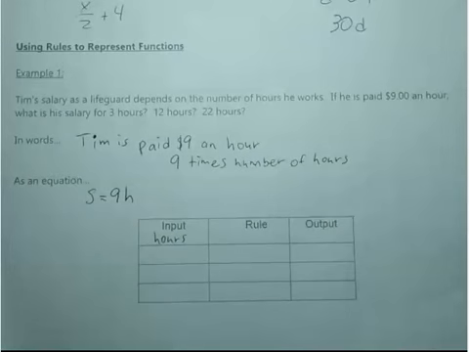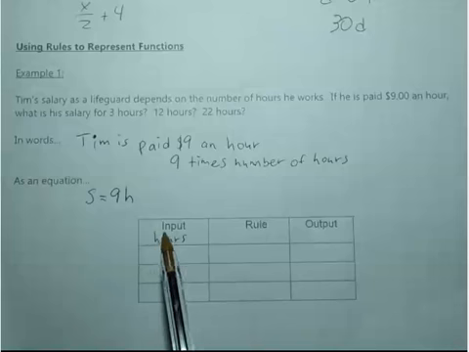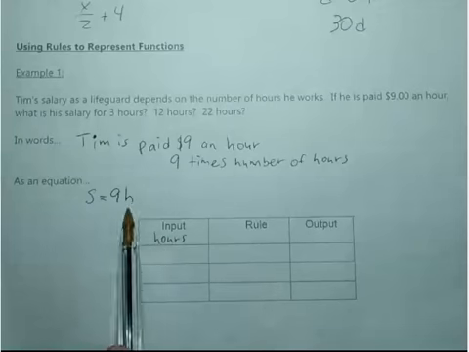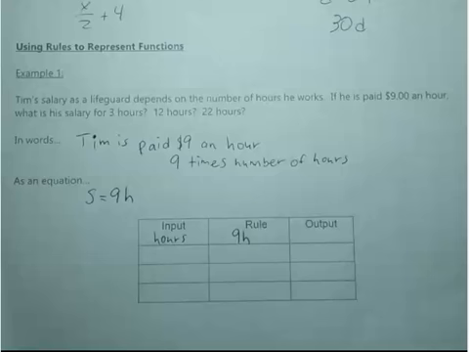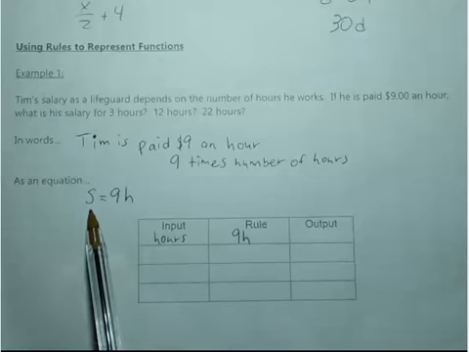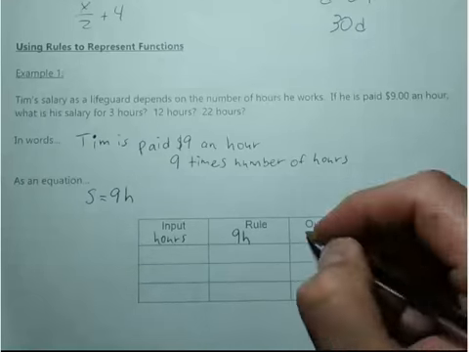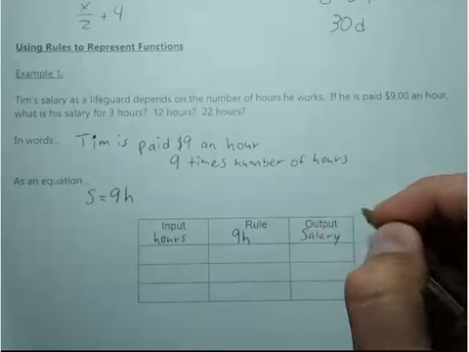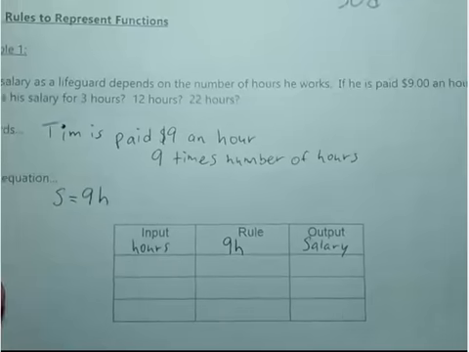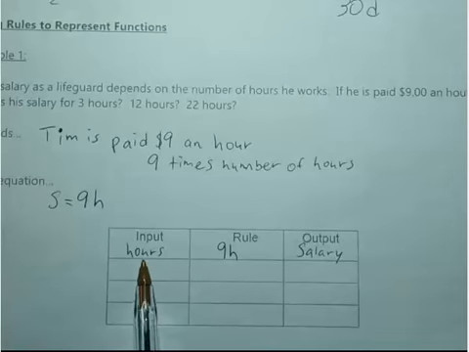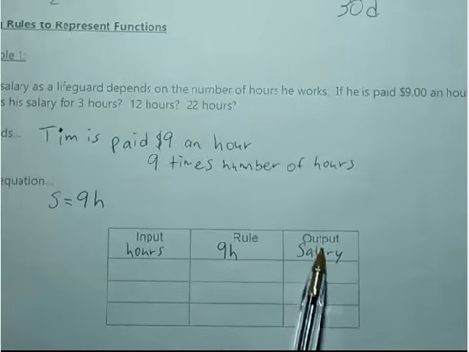Tim controls, or he controls to an extent, the hours that he works. Then we're going to plug this amount of hours into our rule. So we're inputting the hours into the rule, which we just made right here, 9H. And the output we're getting, the result, is our salary. So this table is pretty handy because it breaks down the input, what we're plugging it into, and then what we're going to get as our output.